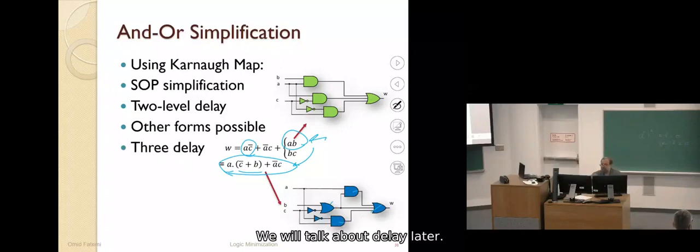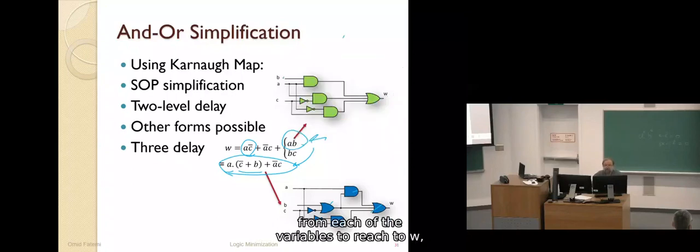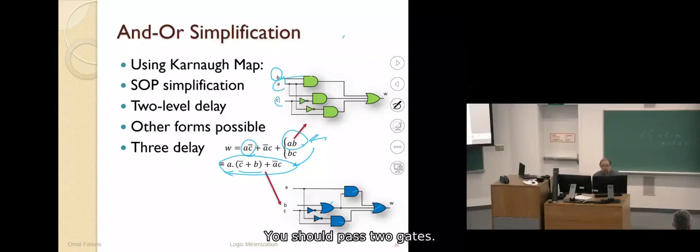We will talk about delay later. But if you look at W, from each of the variables, to reach W, you should pass 2 gates. Everybody, you see, you are following? Don't consider not. So not is a very short delay. Not nothing. But C is passing 2 gates up to reach W. Here, from this path, also 2 gates.